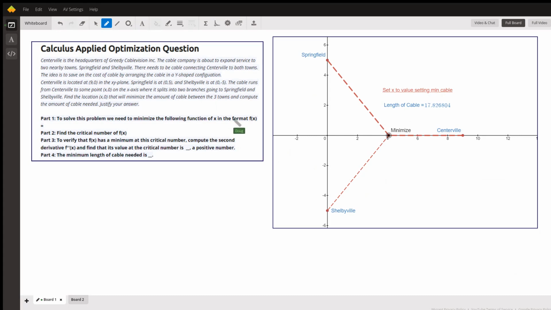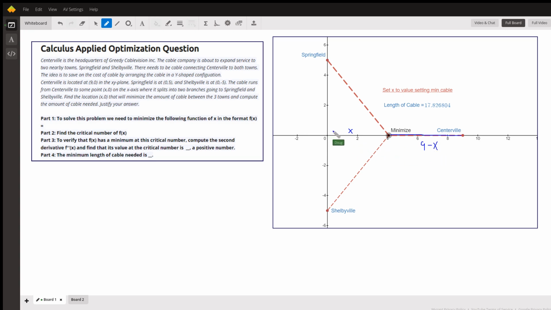So let's go back to Wyzant. We've got to come up with a cost function. We're going to let this distance right here be x, and the distance from the point that we're trying to find to Centerville will be 9 minus x.